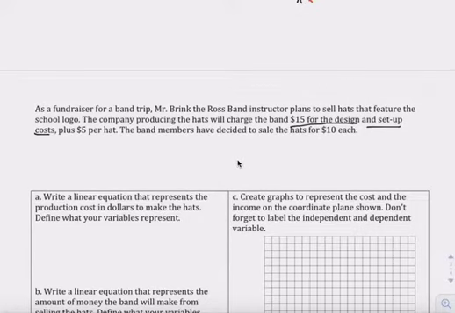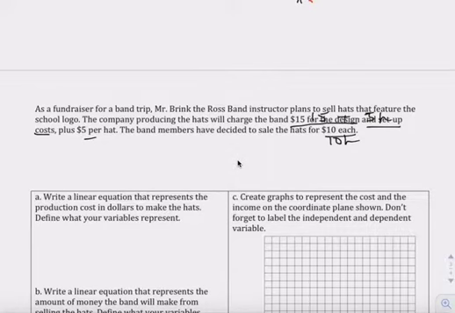So $15 total for the design and setup costs, plus $5 per hat. Per means times, per hat, H for hat. The band members have decided to sell the hat for $10 each. So $10 for each hat.